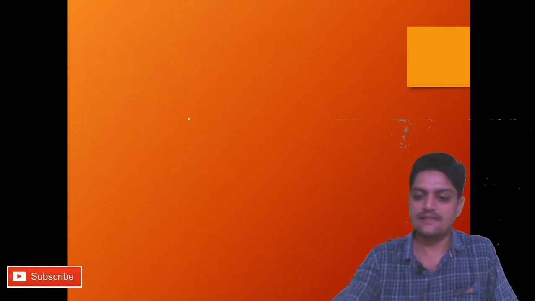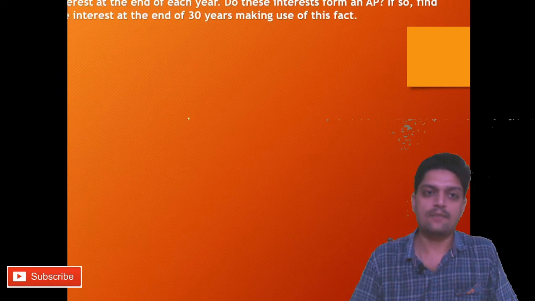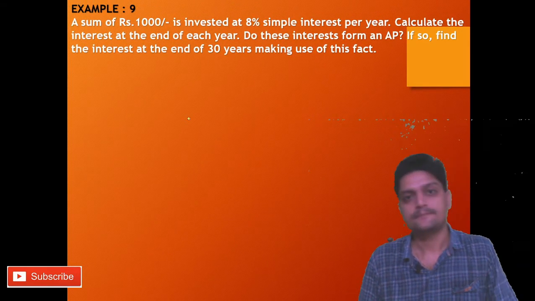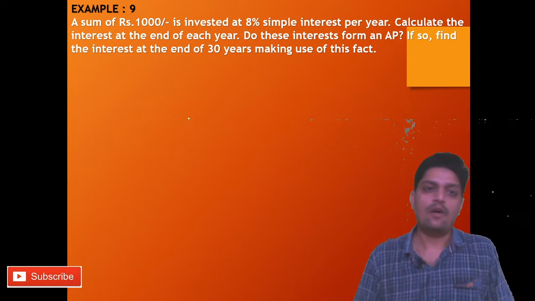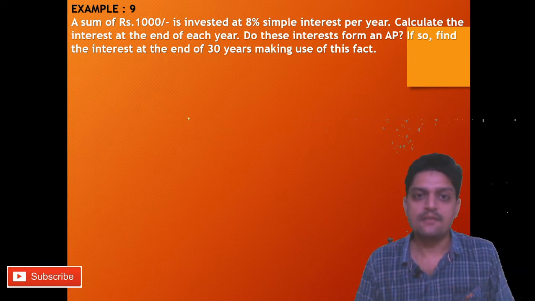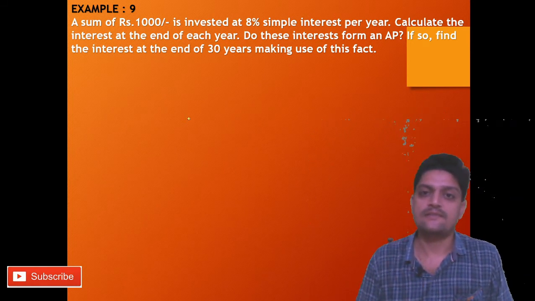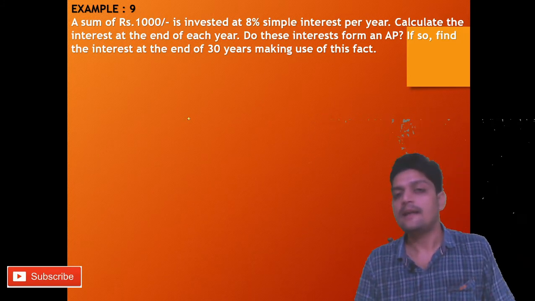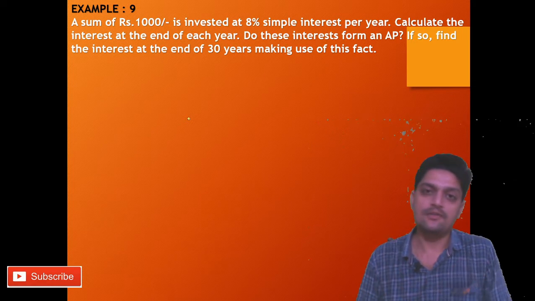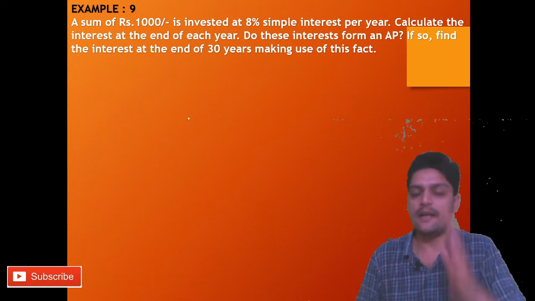So see, this is example number 9. A sum of 1000 rupees is invested at 8% simple interest per year. So here we will use the simple interest formula I is equal to PRN, which you have already learned in your 8th standard.